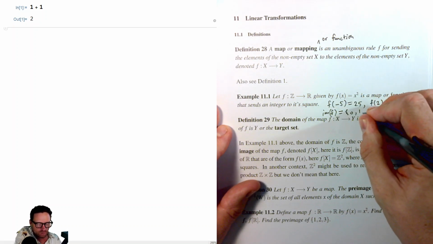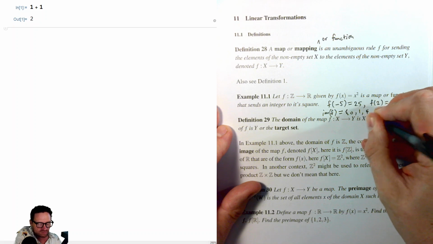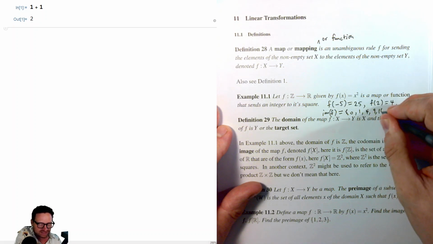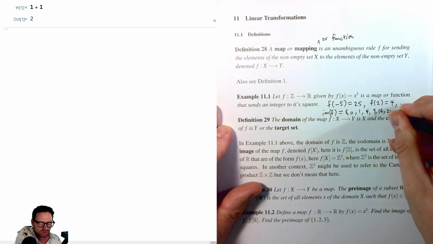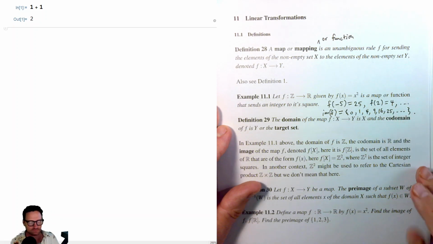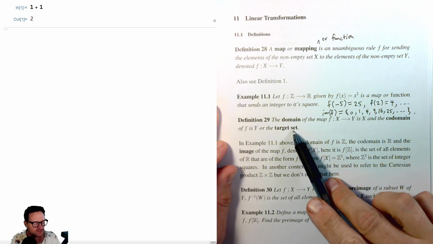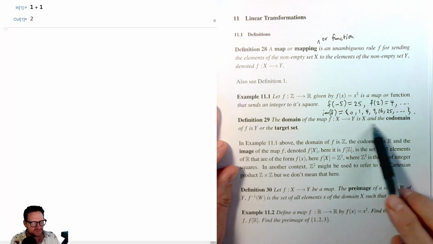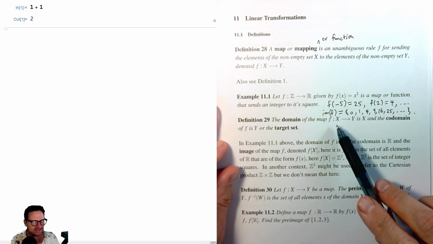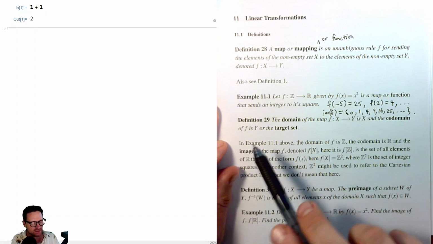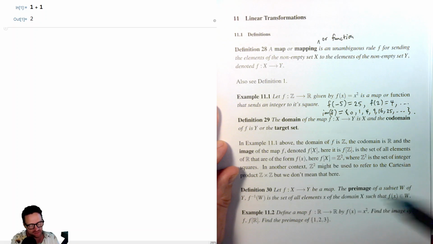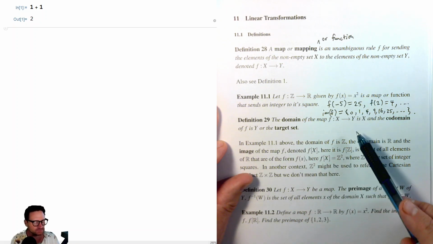So we've got 0, 1, 4, 9, 16, 25, and so on. The domain of the map f is X by definition of domain, and the codomain of f is Y, or you could call that the target set.